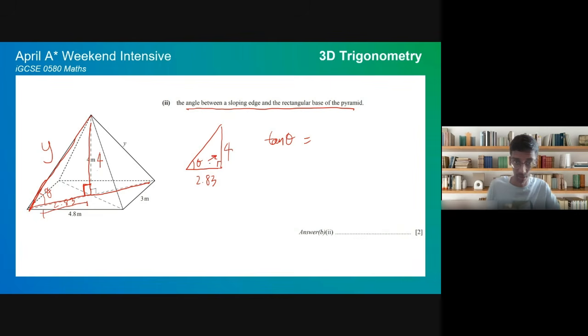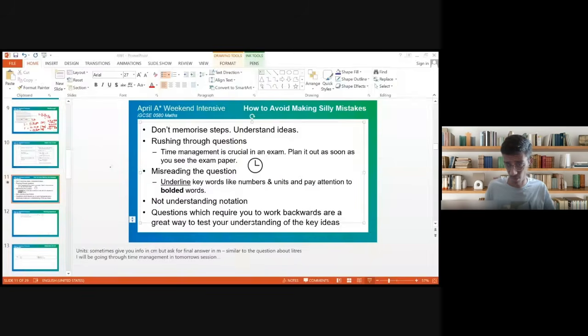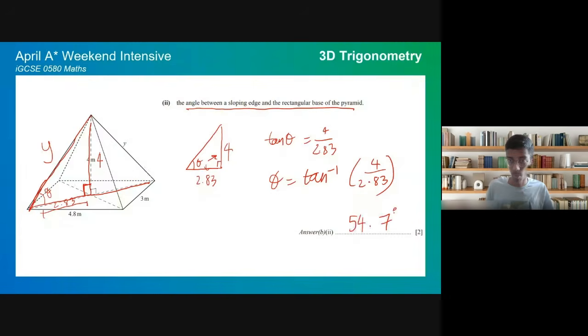So the opposite is 4 over the adjacent, 2.83. Then theta would be equal to the inverse tan of 4 over 2.83, and you get an answer of 54.7 degrees. Remember, for angles, you round to 1 decimal place. So the angle was this, but we rounded to 1 decimal place for angles, and 3 significant figures for all other calculations.